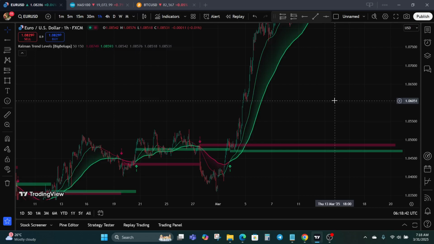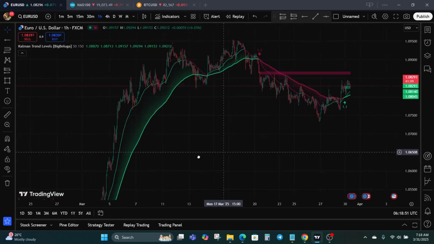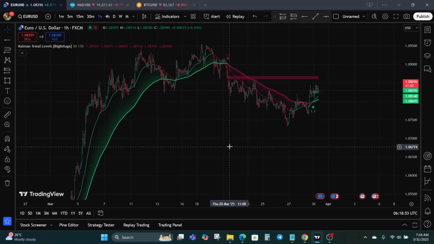The indicator uses advanced algorithms to track price movements and provides clear, actionable signals on when to enter and exit trades based on trend strength and key levels in the market.